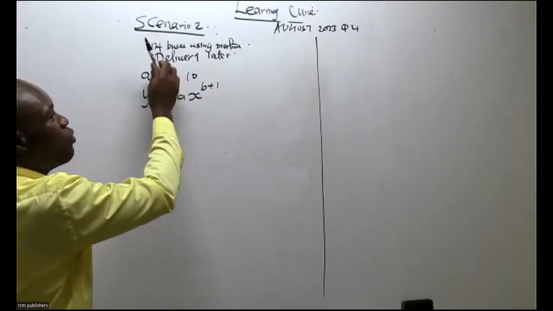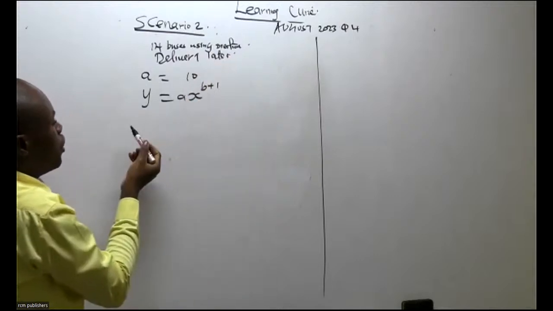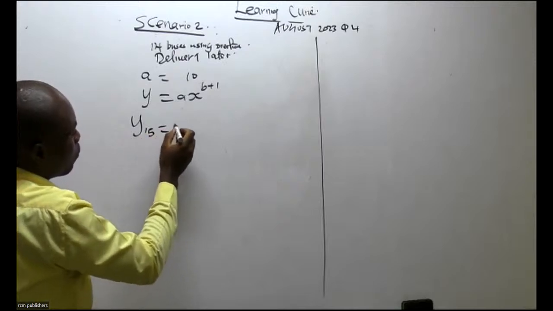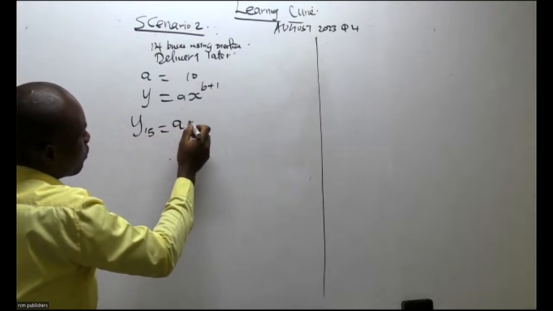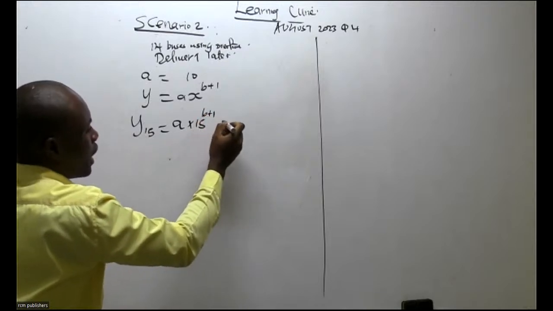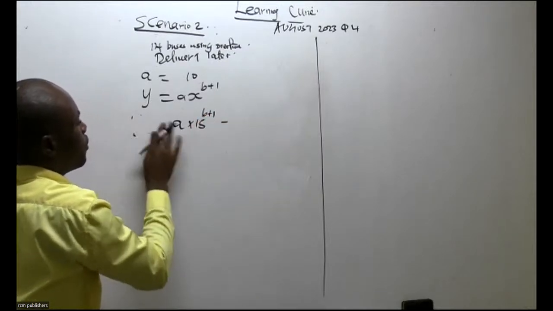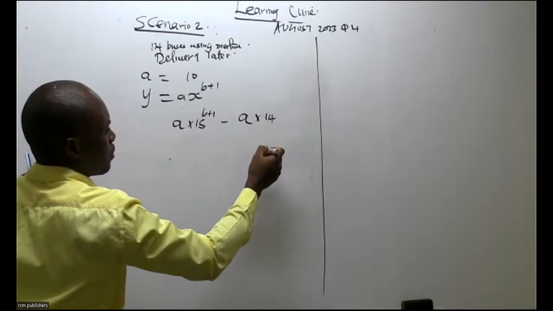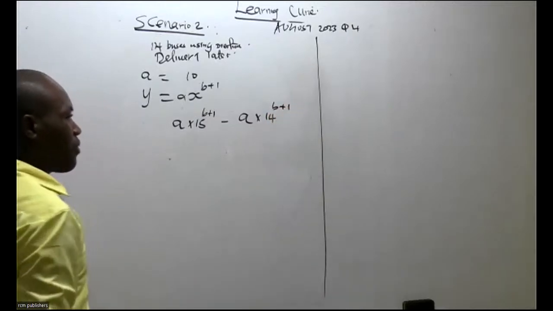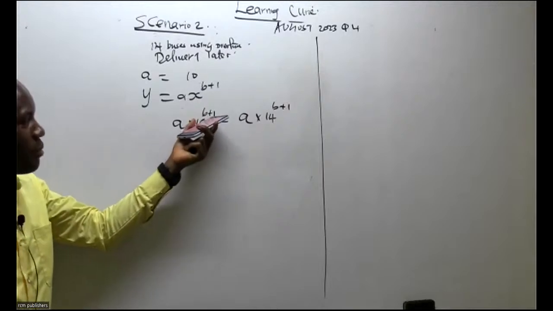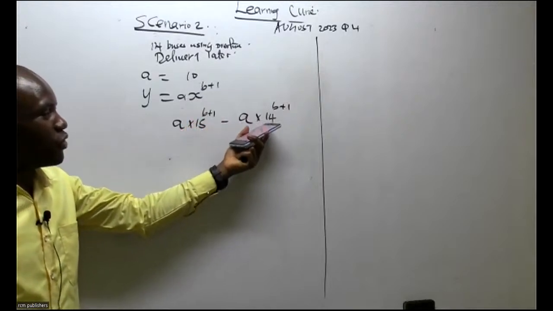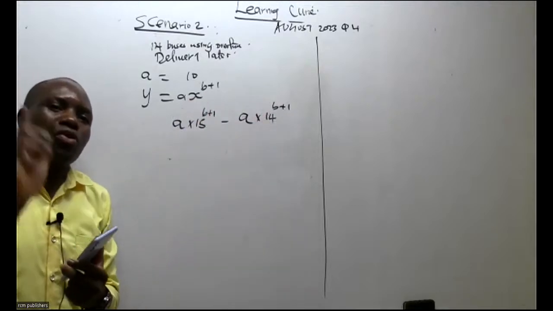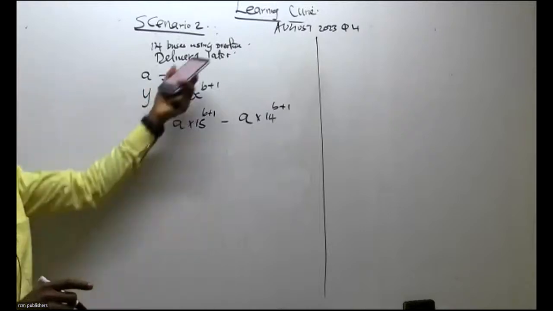For you to get the time taken to deliver this 1 bus, you need to give us Y at 15 is equal to A times 15 B plus 1, less A times 14 B plus 1. If you take the time taken to produce the 15 buses, less the time taken to produce the 14 buses, that difference will enable you to get the time taken to produce the 15th bus, which they are going to deliver later.